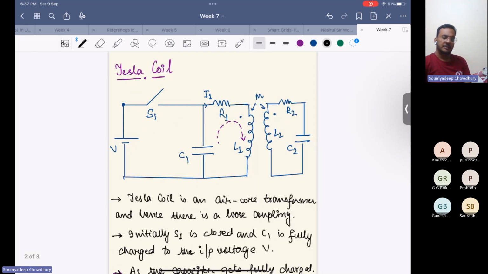Okay, so this energy is transferred here and there will be a current flow. I secondary will flow through L2 and C2.